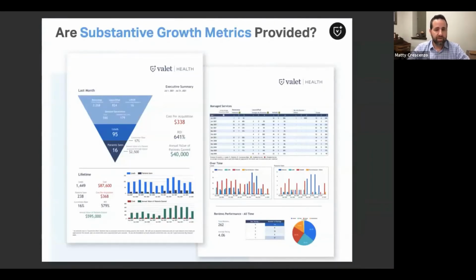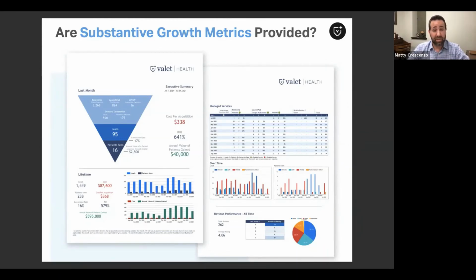The other piece of it, as we talked about that program pyramid and the health hierarchy of digital, the common thread throughout all of that is being able to look at substantive growth metrics. Are you currently receiving those from a data perspective from the digital support provider that you're working with or anybody on your marketing team? And those substantive growth metrics are, what is the cost to acquire a patient?